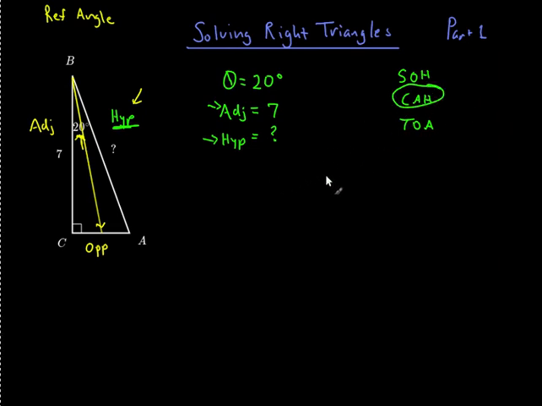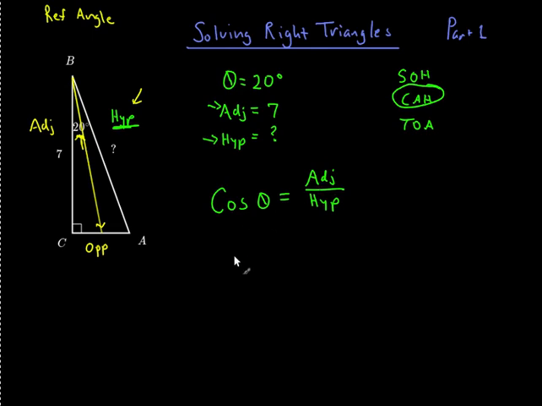And so the rule is cosine of theta is equal to adjacent, which is 7, over hypotenuse.